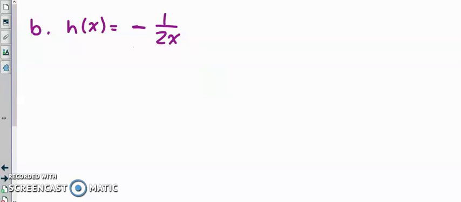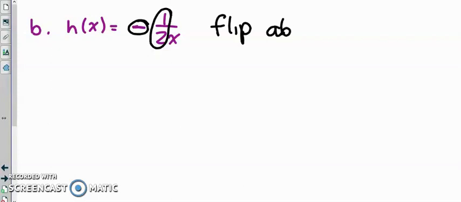All right, so with this, like I said before, we have different transformations happening. We have something going on there with the negative in front. We have something going on right here. So with that, how we're going to work this out is we're going to say, okay, we know it's going to flip about the x-axis because of that negative. That's because of the negative in front again.